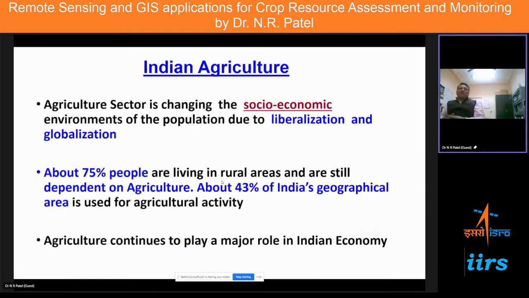So overall, about 75% of people live in rural areas and are still dependent on agriculture. 43% of the Indian geographical area is used for agriculture activity. Agriculture continues to play a major role in the Indian economy. So overall, you can see that agriculture not only contributes to the economy, it generates large employment possibilities.